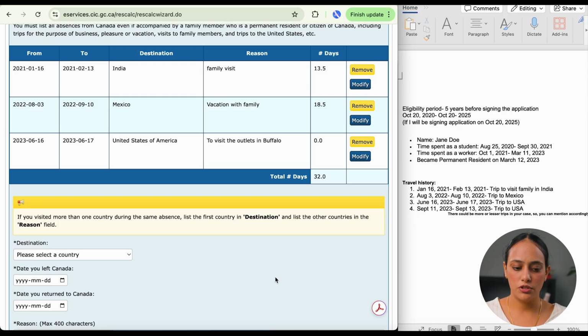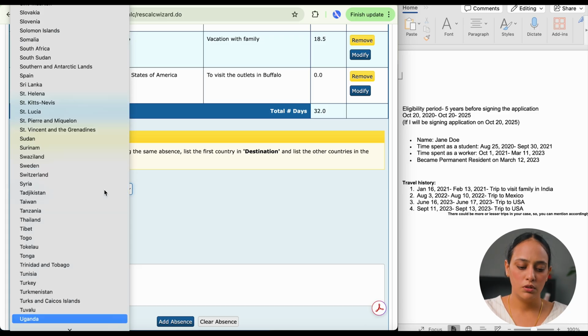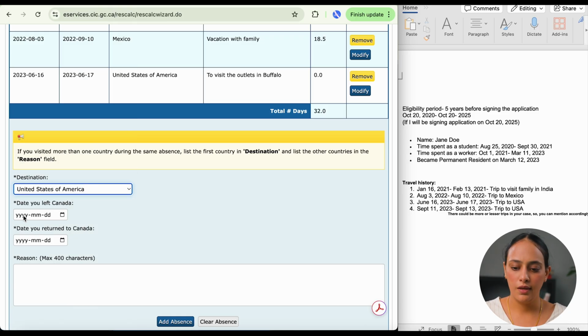So the fourth trip, it was again to the United States. Enter the date, September 11th, 2023, to September 30th, 2023.